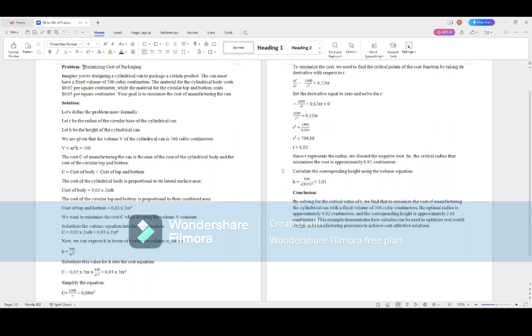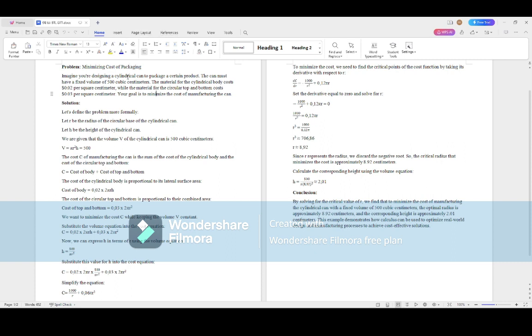So we go to the detail of my problem. To illustrate the process, let's consider a specific problem: minimizing cost of the packaging for a cylindrical can while keeping its volume constant. Here is how the problem can be solved step by step.